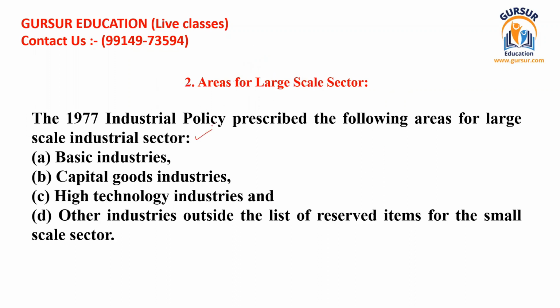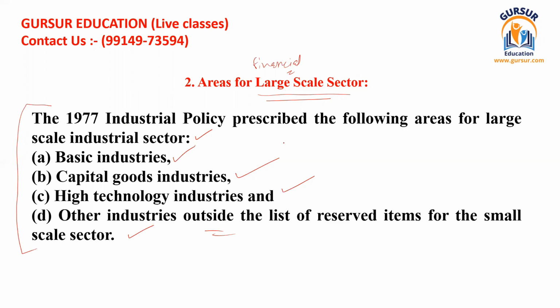The following areas were defined for the large scale sector, and they were also given financial aid so that they could be promoted and developed further. What were these? Basic industries, like we have already discussed in 1948, then capital goods industries, high technology industries, and other industries which are outside the list of the small scale sector. All these were reserved for the large scale sector and for their development as well.